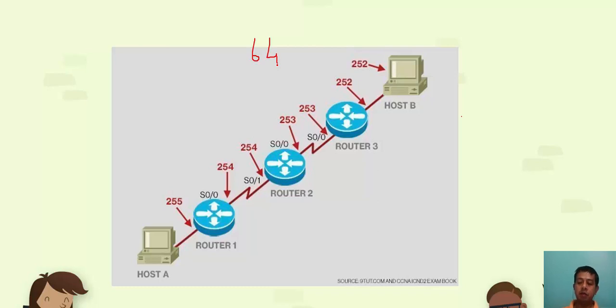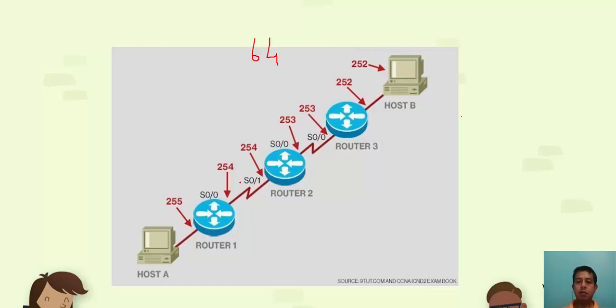If I want to achieve that, I should initialize the TTL value with 30. If it does not reach the other end and the TTL becomes 0 in an intermediate router, that particular datagram will be discarded in that router itself.